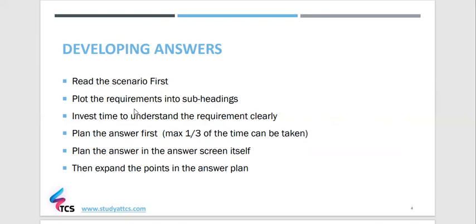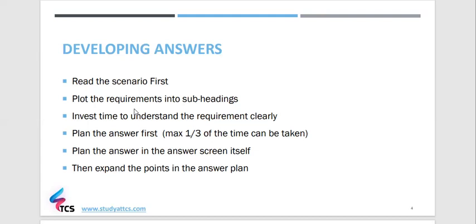Usually the CIMA examiner wants you to come up with headings for each subtask. So for instance, let's assume in task number 1 there are 2 subtasks, and for each subtask you need to come up with a main heading, and under each main heading, if you are highlighting main points, you can use subheadings appropriately. I'll highlight these points later on when I'm doing the evaluation of the mock.